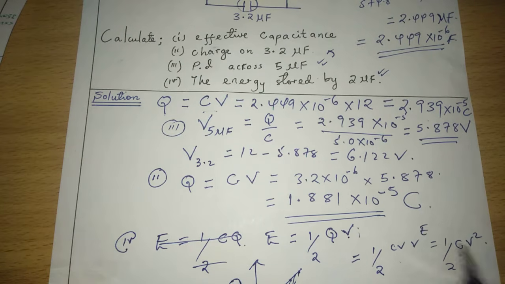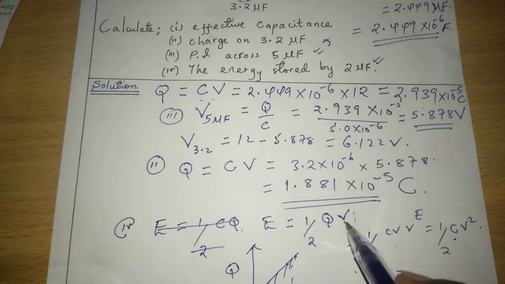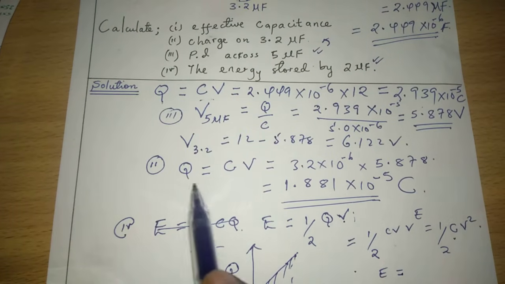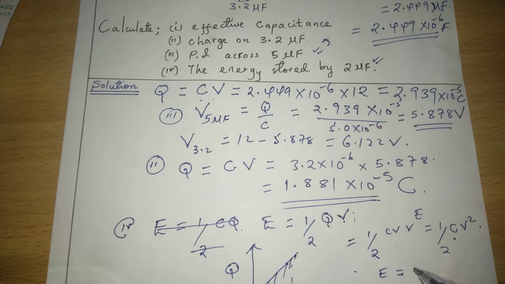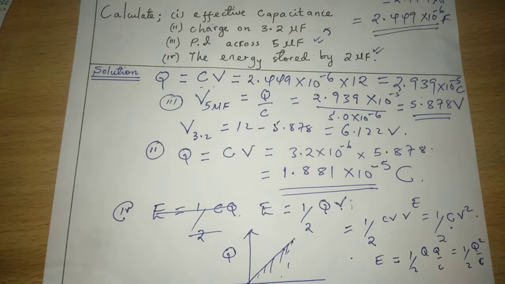We are saying energy can also be given by half CV squared, and again energy can be given by, instead of V, we can use Q over C. So we can say half Q, and instead of V, we say Q over C, such that half Q squared over C can also give us the same result.